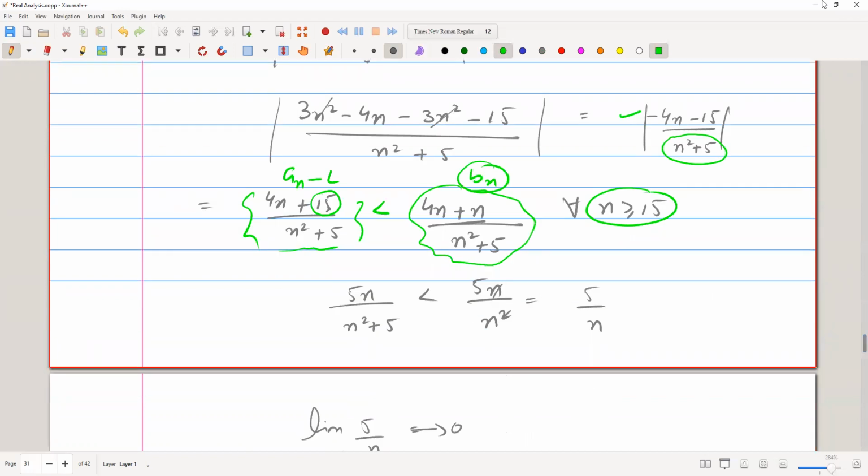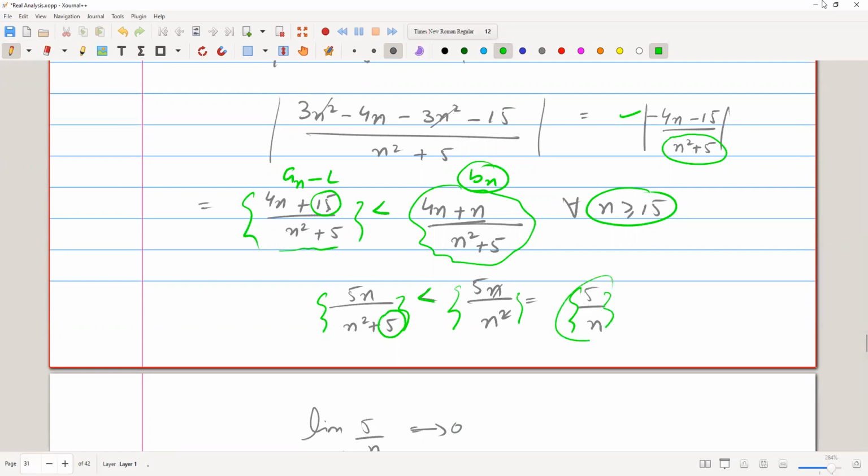So now this is 4n plus 15 over n squared plus 5, and this 5n over n squared plus 5 is less than 5n over n squared, obviously, because we are removing this 5. Since we are removing this 5, this will be strictly greater because the denominator will be lesser, so overall it will be a greater number than the one on the left side. Now n and n cancel, we get 5 over n.